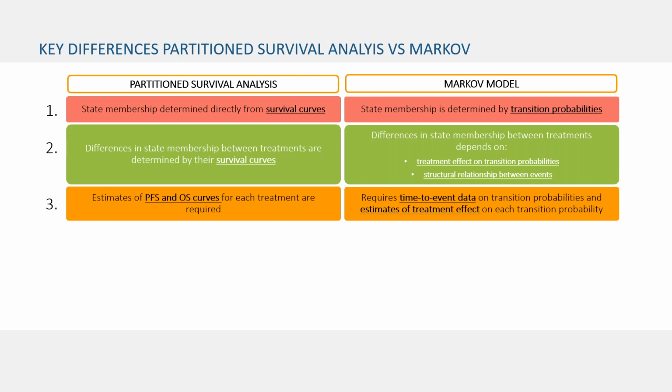This can be quite important because in clinical studies, they typically report progression-free survival and overall survival, particularly in oncology. And it's not straightforward to derive the time to event data required for a Markov model from these. It can be done, but it's just more straightforward if you could use a partition survival analysis and apply your PFS and OS data directly.